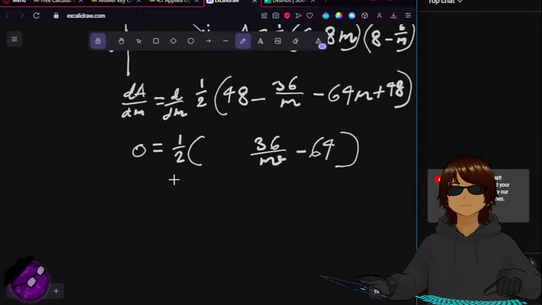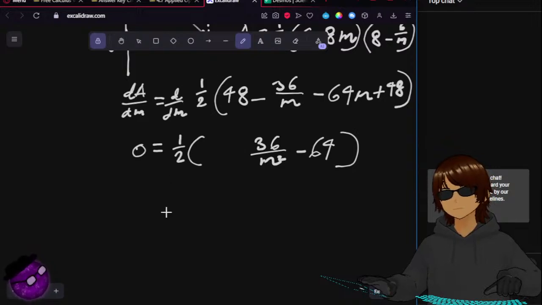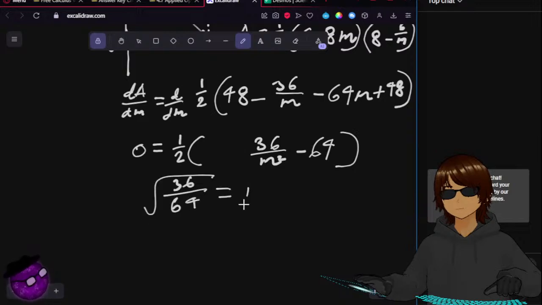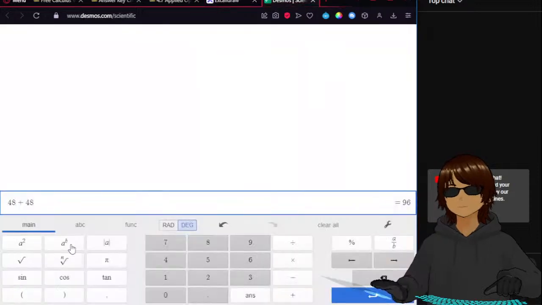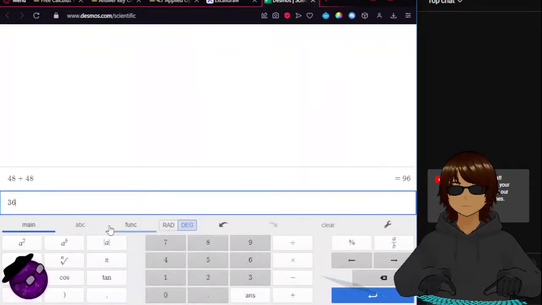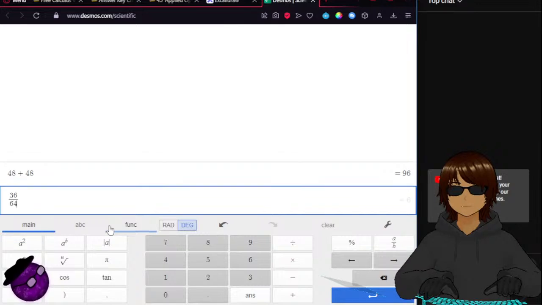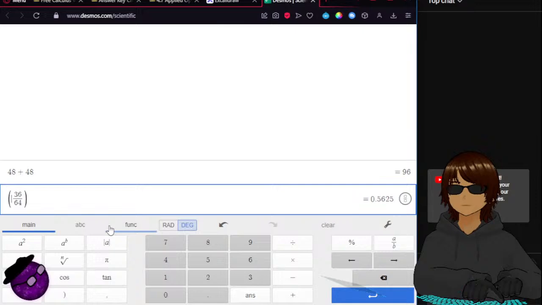Then the half, so 36 over 64 root, and then all this.